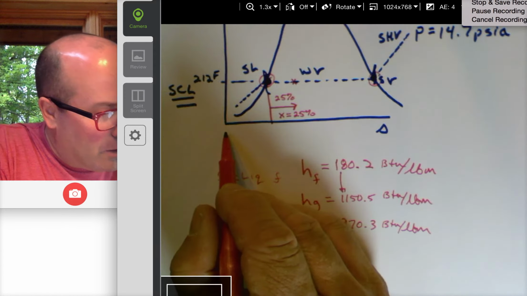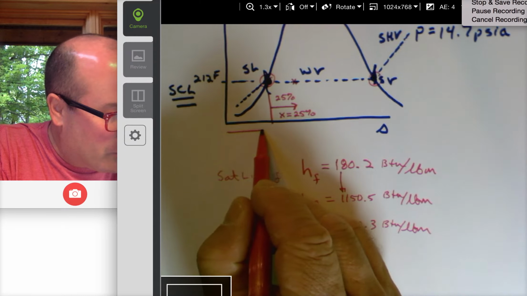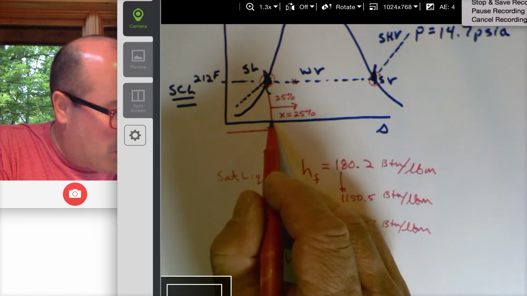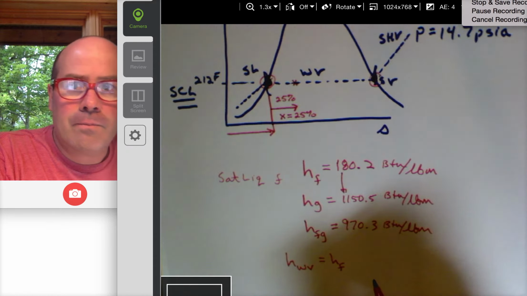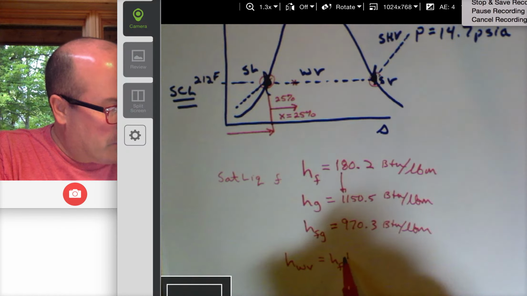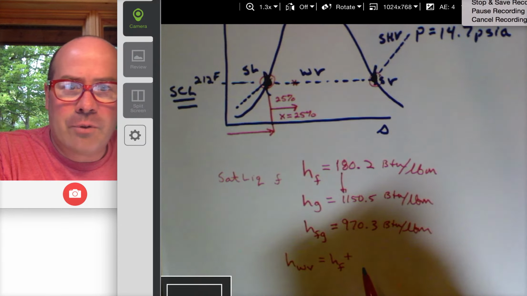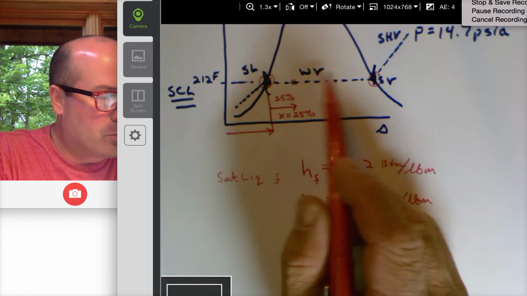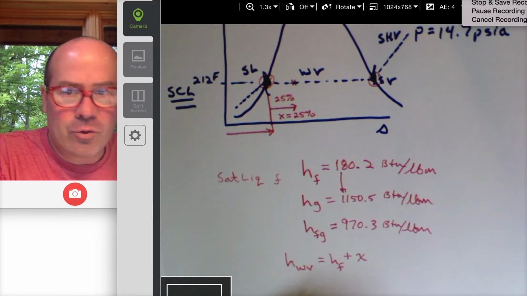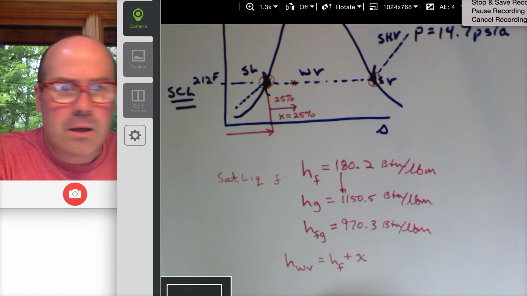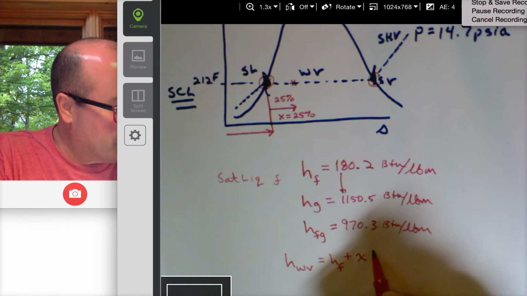Well, basically all I have to do is start at ground zero and come up to saturated liquid. We call that hf. Plus, now I need to take 25% of the difference between these two points. So plus the quality, in my case 25%, times the enthalpy difference.